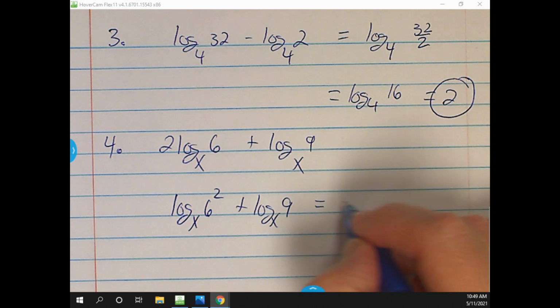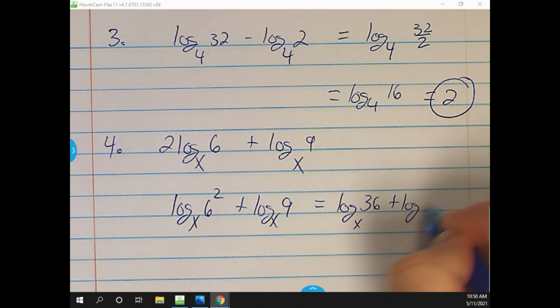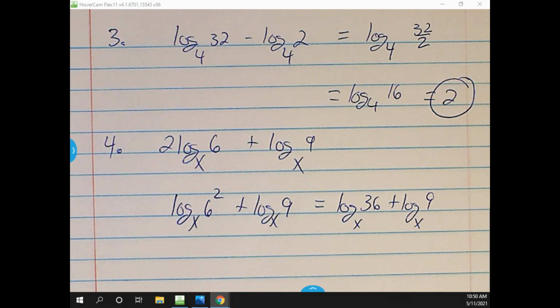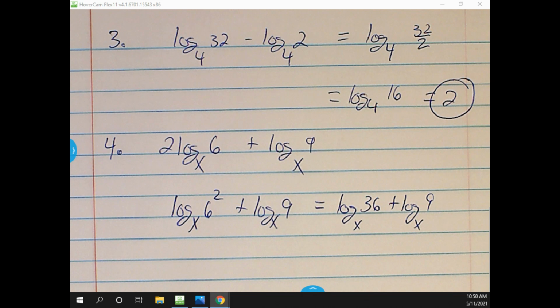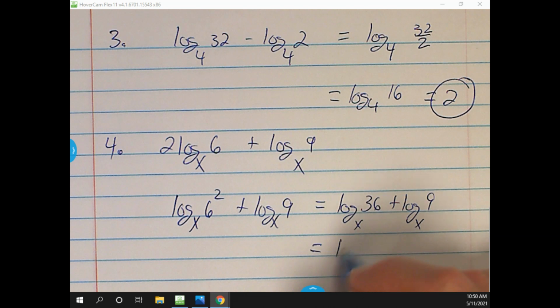Go ahead and do 6 squared, make it 36. And then because it's log of 36 plus log of 9, that means we'll do log of 36 times 9.